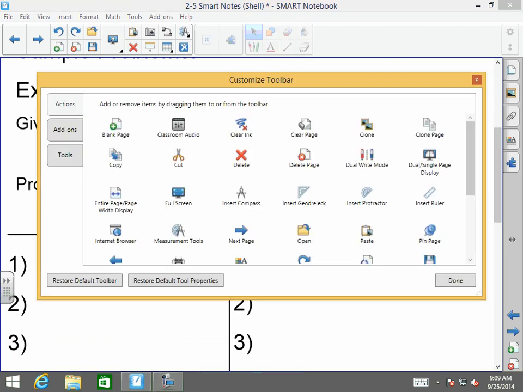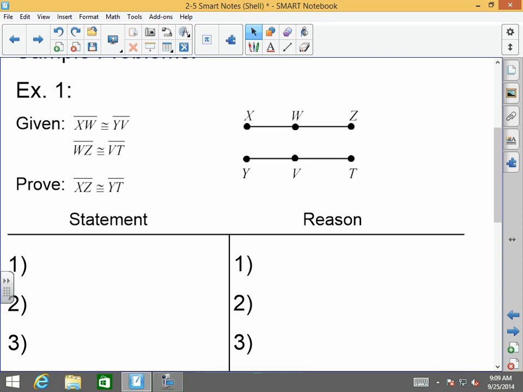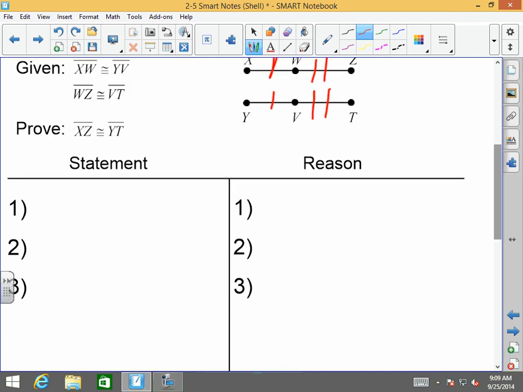For example, they tell you that XW is congruent to YV. I'm going to label. So XW is congruent to YV. They tell you that WZ is congruent to VT. They want you to prove that XZ is congruent to YT.